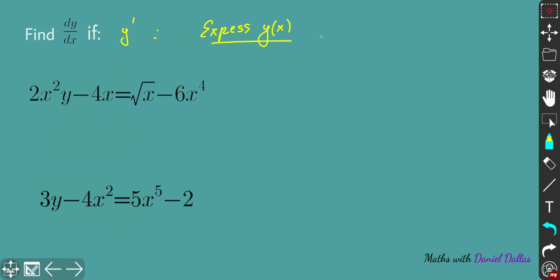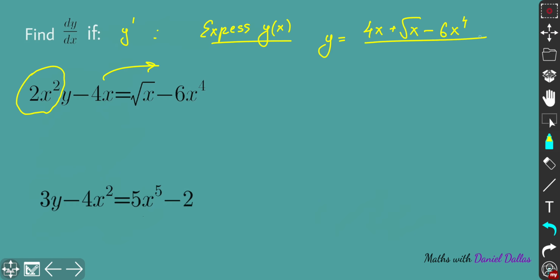Okay, so let's do that. Y is going to be equal to, just transfer negative 4x that side, and on top of that you'll have square root of x, then minus 6x to the power 4, and then because you have this factor before y, let's assume you expressed the first 2x squared y, and now you just divide by 2x squared, okay?